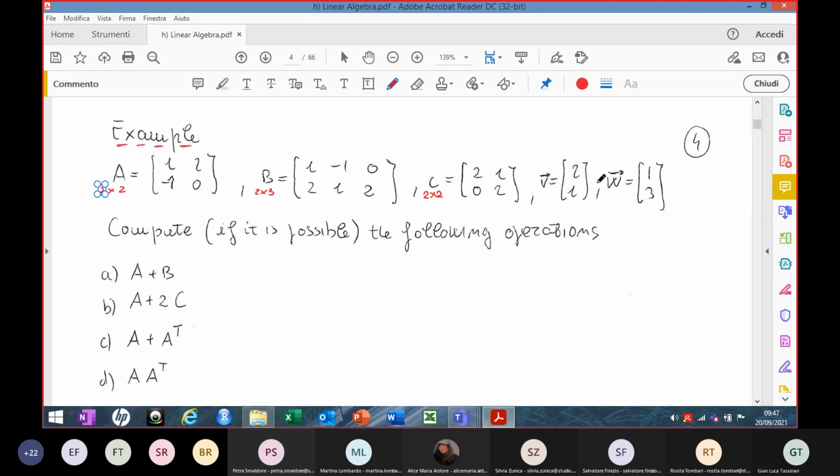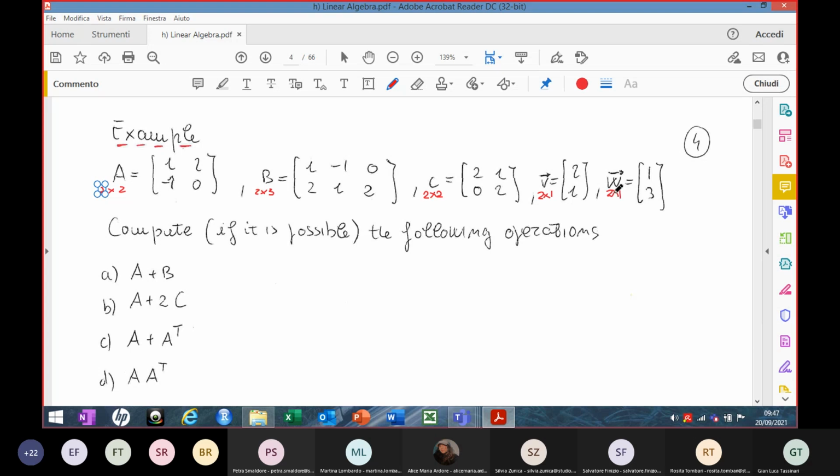This is a column vector of dimension 2 times 1 because you have 2 rows and 1 column. W is again a column vector, sorry, I said row vector. This W is a column vector of dimension 2 times 1, 2 rows and 1 column.